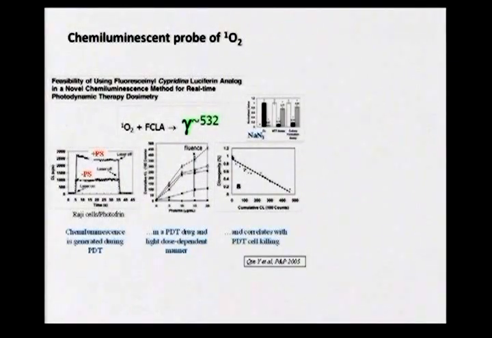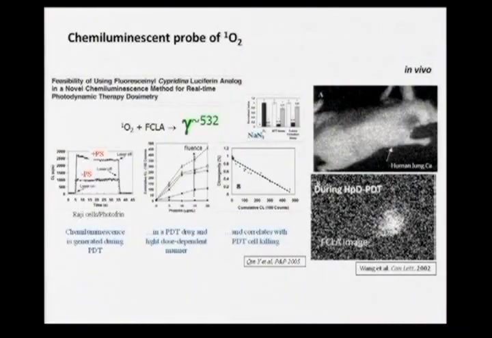And this has been shown to correlate very nicely. You measure the chemiluminescence light, and that correlates very nicely with cell counts. And actually, this is strong enough a signal to image. This is an image of the chemiluminescence that's generated by singlet oxygen. So you know in this case, in this particular tumor, you are generating singlet oxygen because of the chemiluminescence reporter.